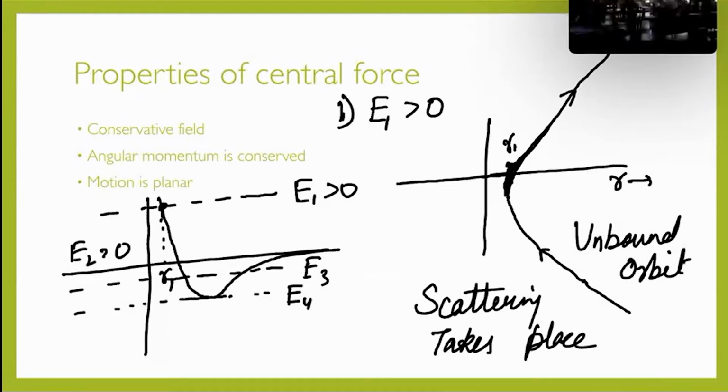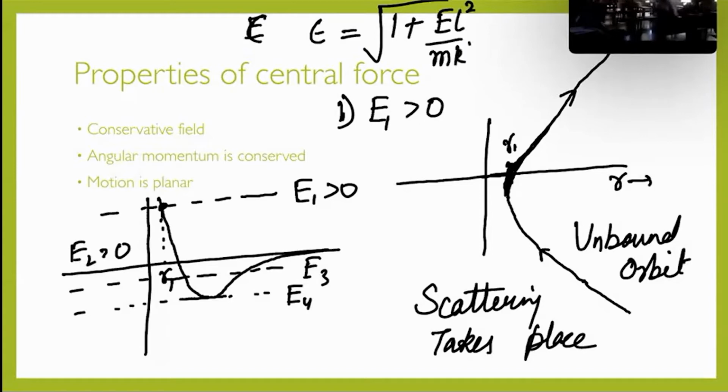One more thing is, I'm not going deep into what eccentricity is, but let's write it down: eccentricity equals under root of 1 plus 2EL square by mk square, if I'm not wrong.